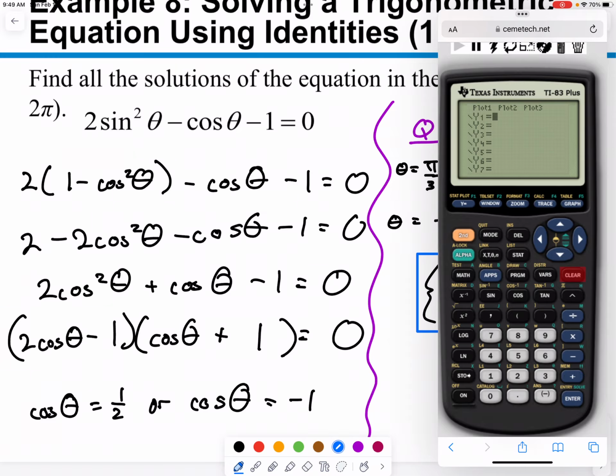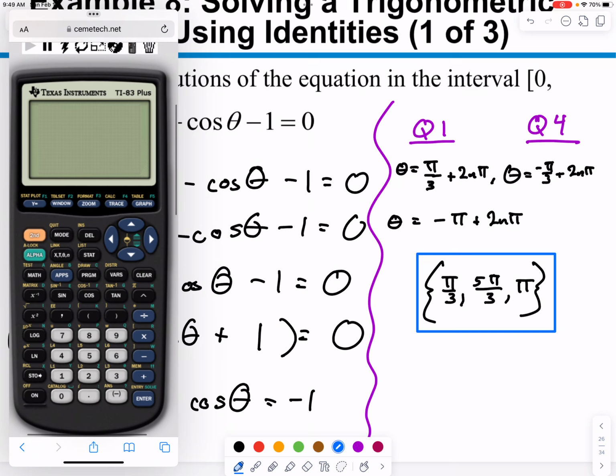I'm going to go to my y equals. We're going to do 2 times the sine of x quantity squared, minus cosine of x. We should be in radians. Then I forgot something, -1 right here. So then I want to call on that function and evaluate it when x is pi over 3.